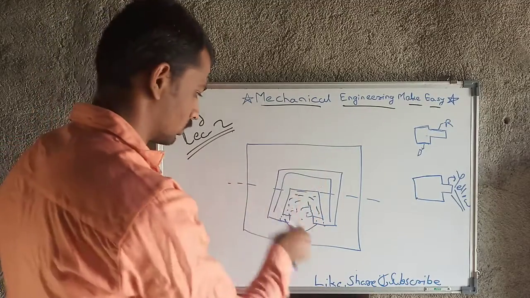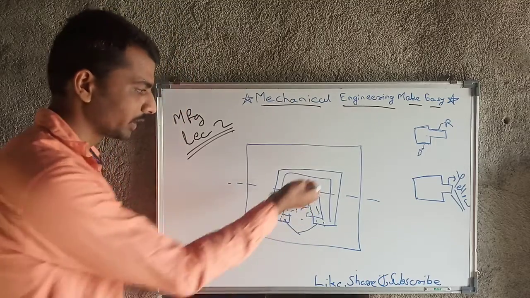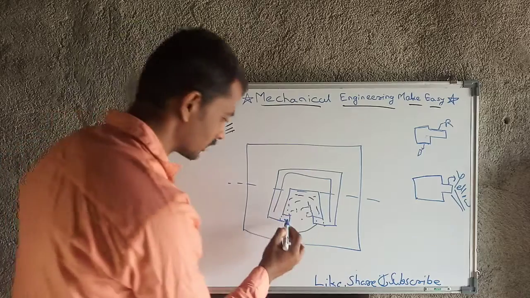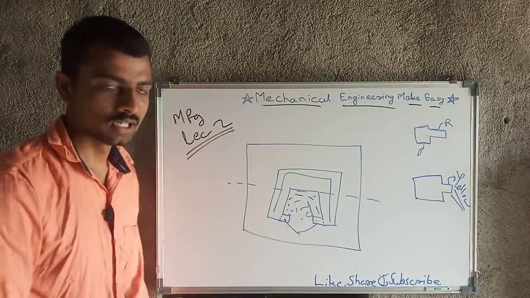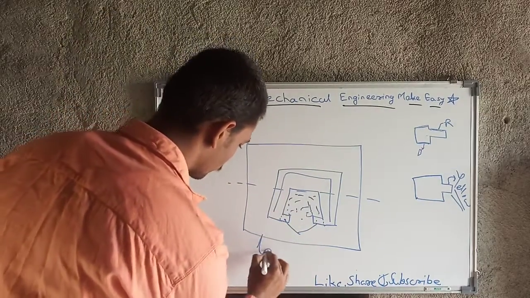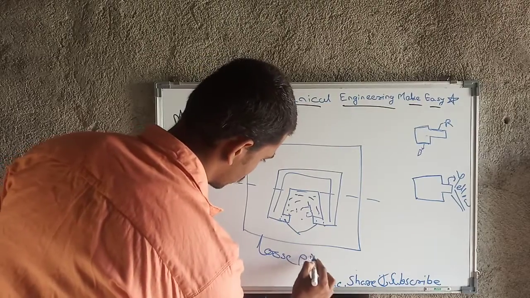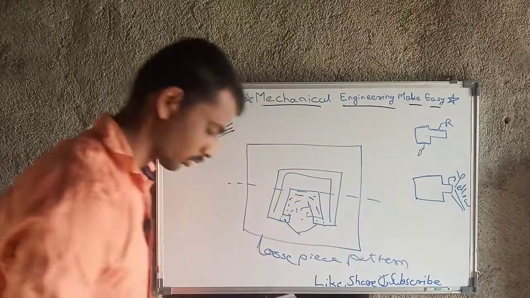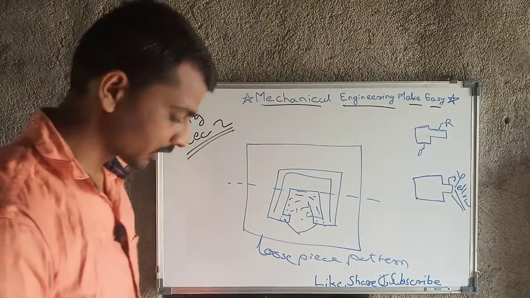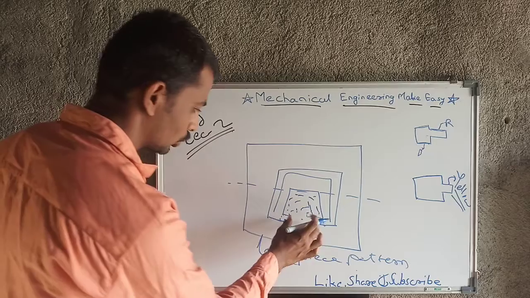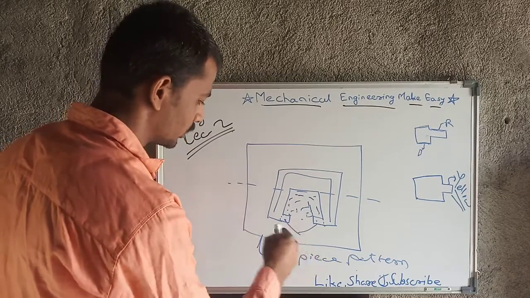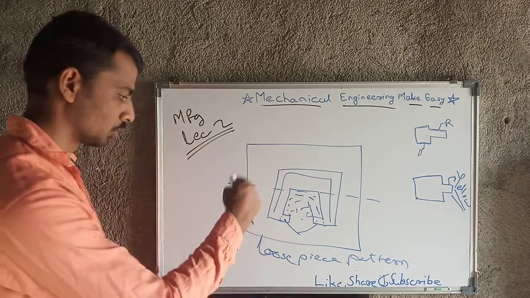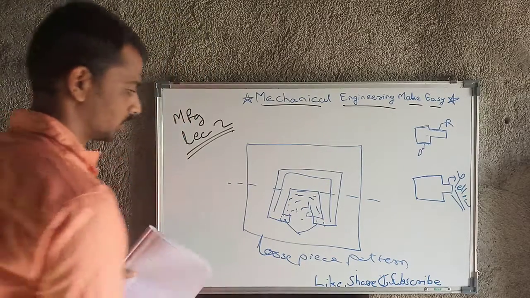Okay, and while removing, this main pattern will be removed first and these two pieces will be removed afterwards. This is called a loose piece pattern. These two are loose pieces which are attached here. Okay, so I think you have now cleared this whole concept.